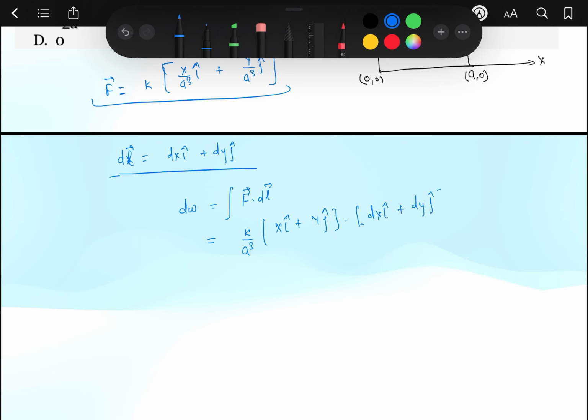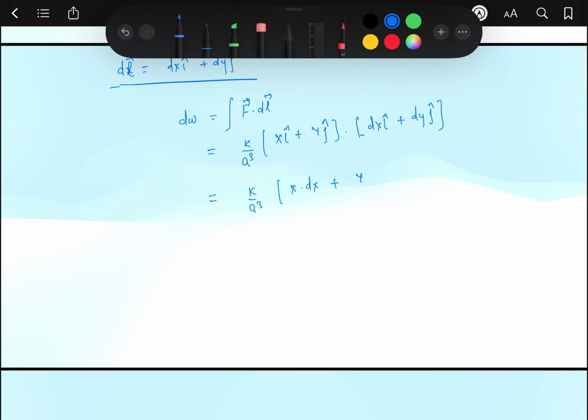Now we have to take the dot product, that is k by a cube into (x dx plus y dy). So this is our value and we have to take up the limits here. What is the value of limits for x?